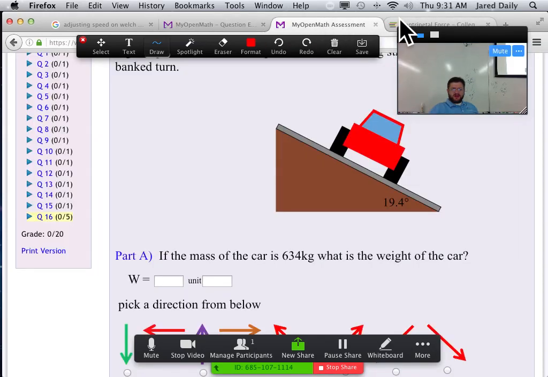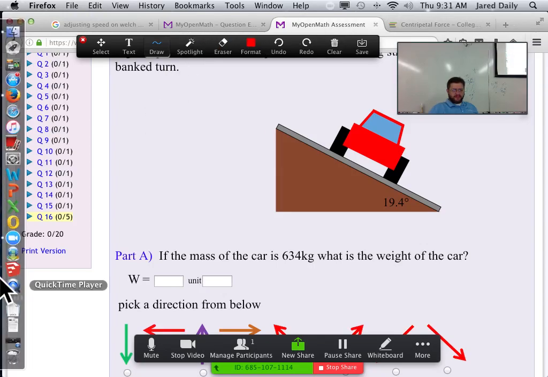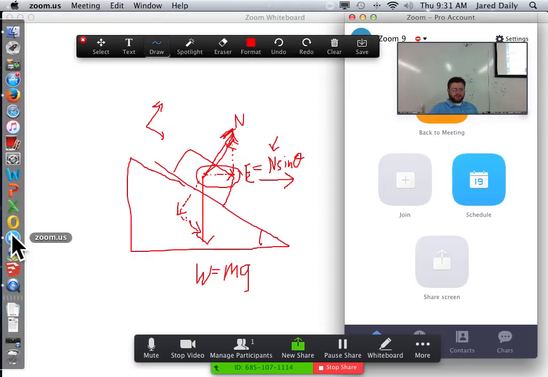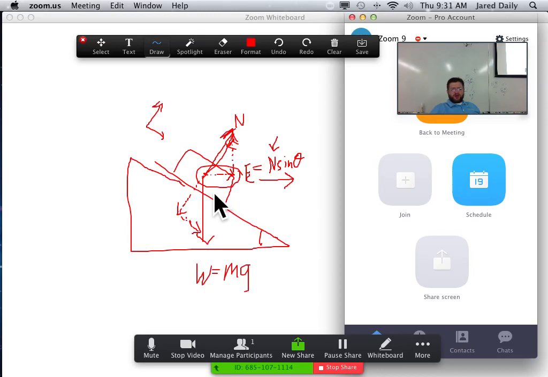So let's take a look at our picture really quick. So the normal force, which would be this one here, they're saying it's equal to the weight. They're saying it's equal to this component right here. And that's true when it's at rest.